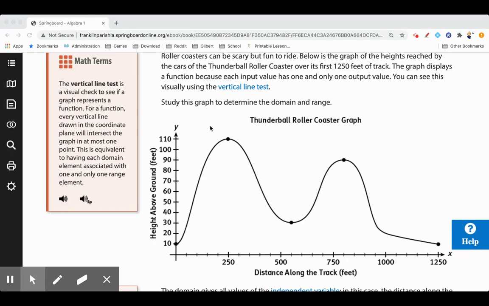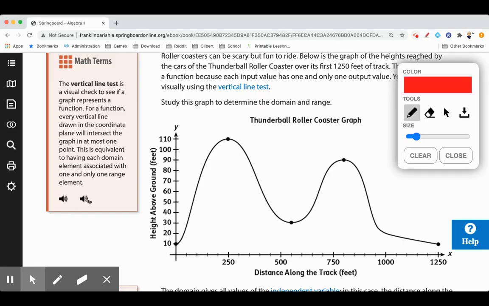If you can draw a vertical line, and pretend that was straight, and it only hits one spot on the graph, that is a function. No matter where I draw, it only hits the graph one time, that's a function. If it hit two times, it would not be a function.